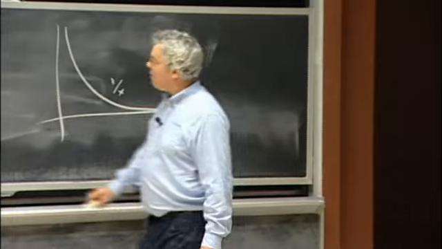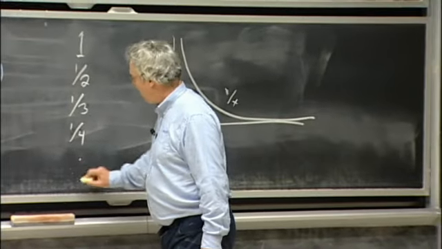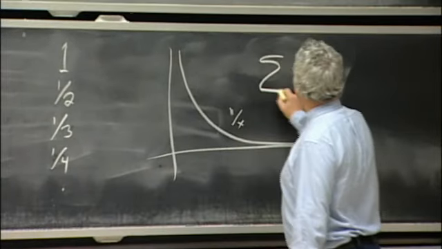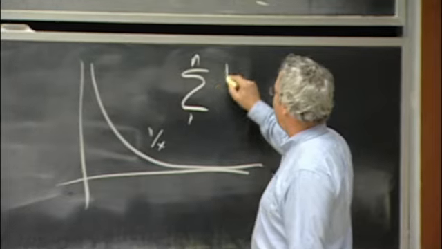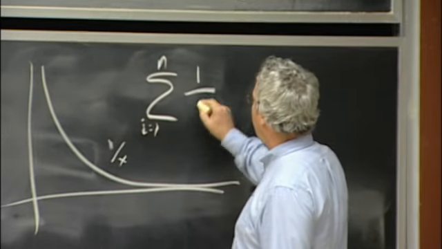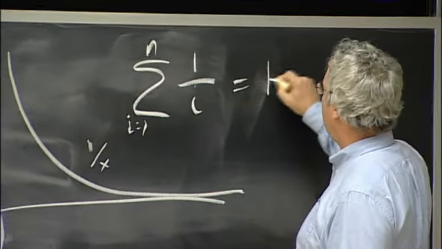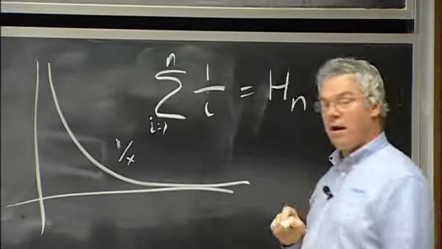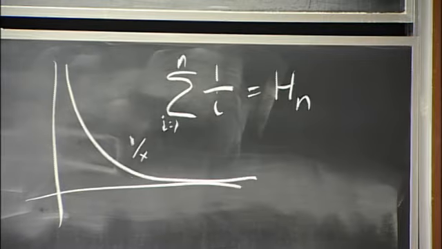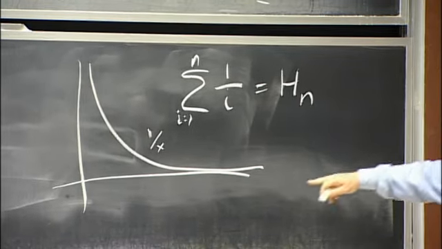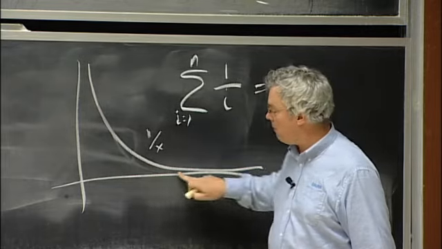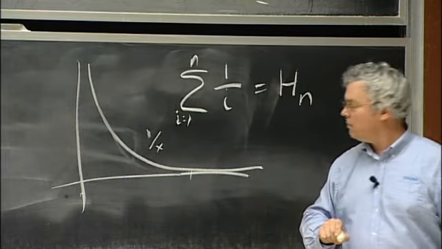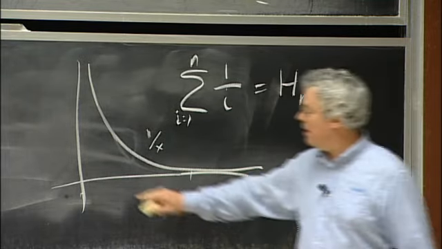So suppose you sum these up, the sum from 1 to n of 1 over i, it's the nth harmonic number, and that grows over time. It's basically like the integral under this curve from 1 to n.